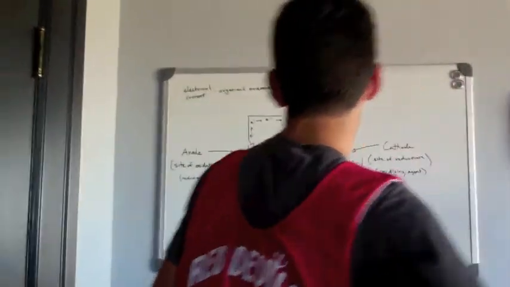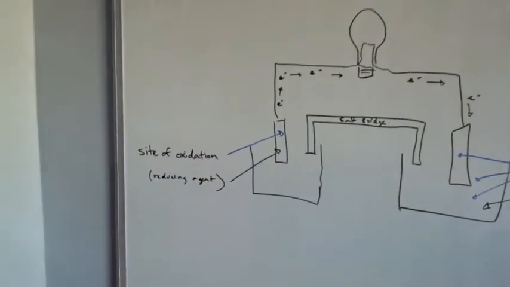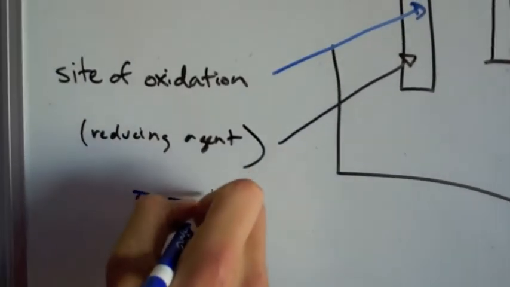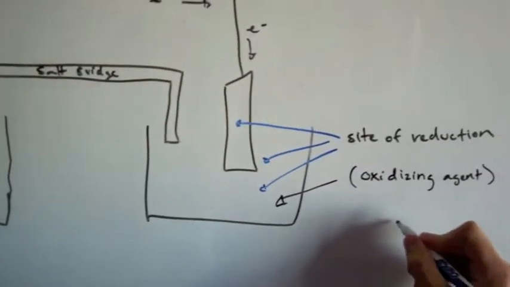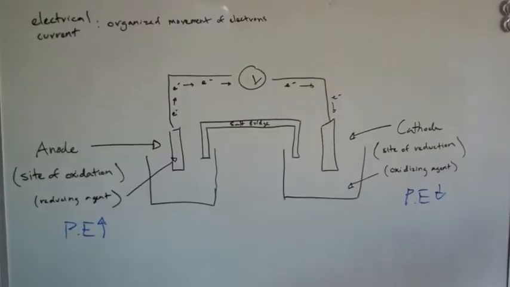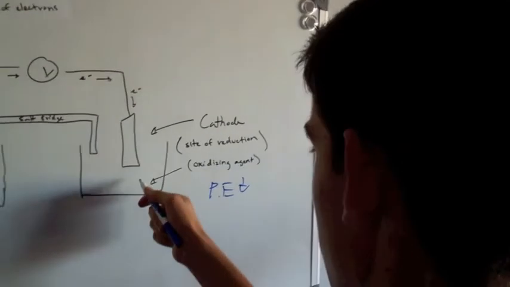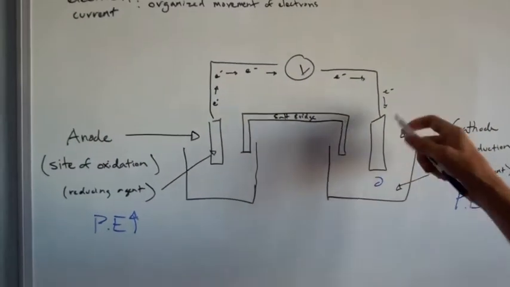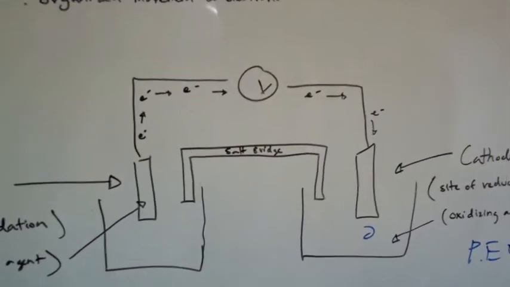So this is an explanation of redox reactions, electrochemical cells, and electrical current. The reducing agent is going to have a higher potential energy, and then we have the oxidizing agent, which is going to have a lower potential energy. What's going to happen is basically the solution here, the oxidizing agent, is going to bond with the electrons that are going to come down into the cathode.